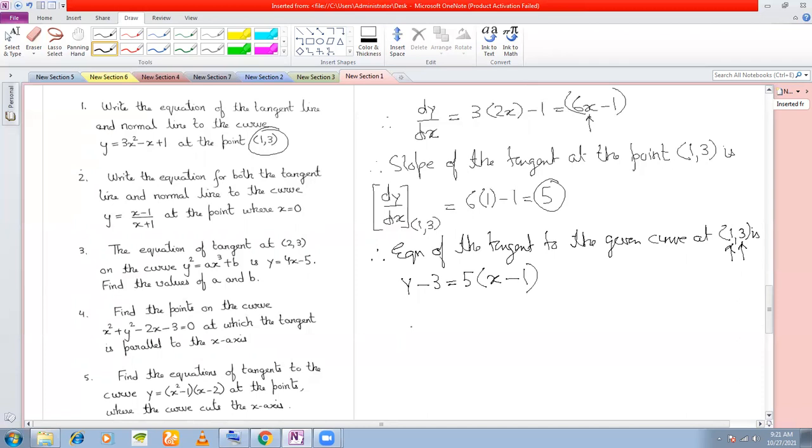So that's it, we have found the equation of the tangent. You can express this in the general form. So this is the required equation of the tangent.